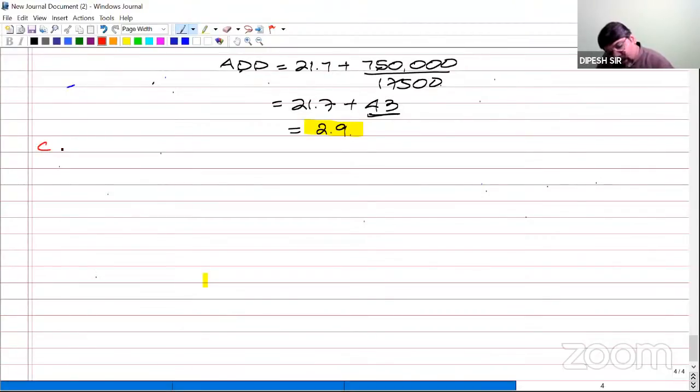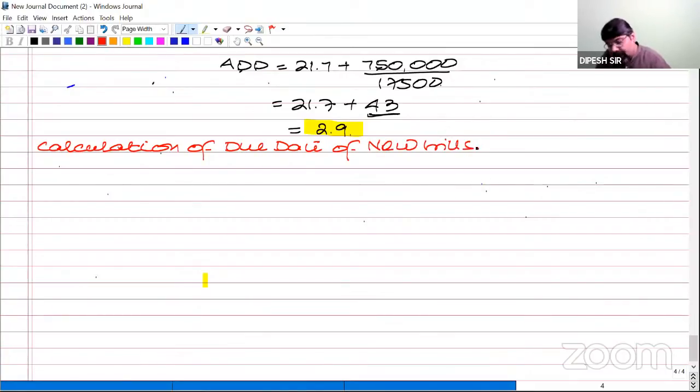So now, calculation of due dates of new bills. Correct? First bill he is drawing on which date? Both the bills he is drawing on 1st of July.